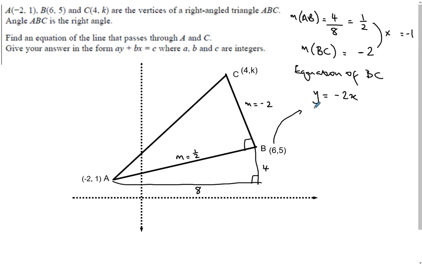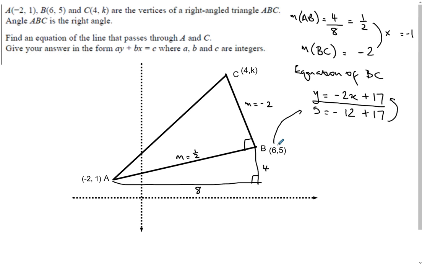Instead of putting y, we'll put the 5, and then minus 2 times the x coordinate, which is -12, and what you do to -12 to get 5, you add 17. So that means the equation of BC is y equals -2x plus 17.